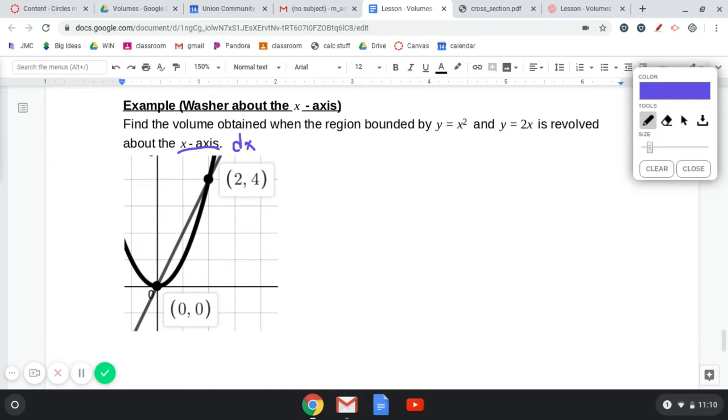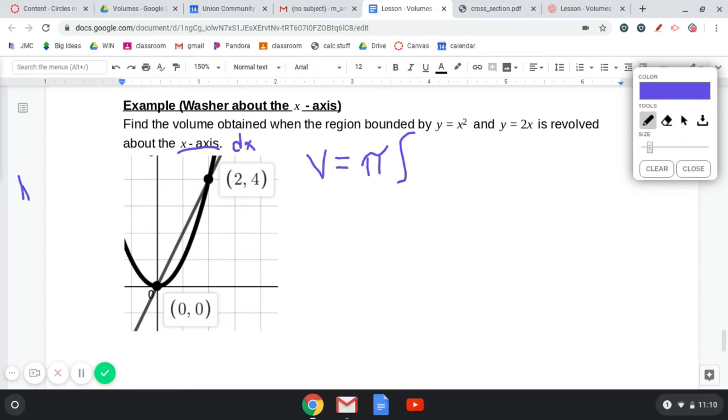And now we'll set up our integral. So the volume of this solid obtained by rotating this region around the x-axis is pi times the integral. Now our bounds, remember we're dealing with x, so it's going to be our x bounds. The intersections of these functions are when x is 0 to x is 2.